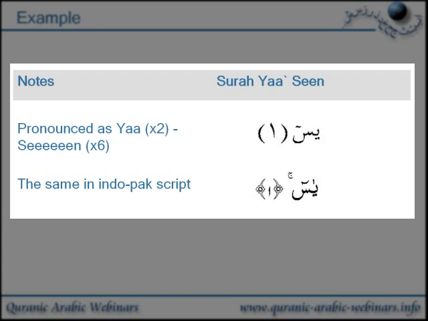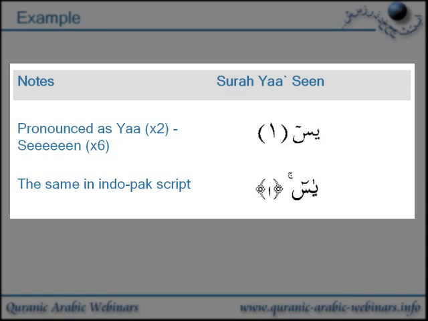Below we've got the same thing in the Majidi or Indo-Pak script, and we can see the slight difference in the way they're written. The little jim in the Indo-Pak script is a stop marker, which we covered in the lesson on stopping and pausing, so just ignore that for now.